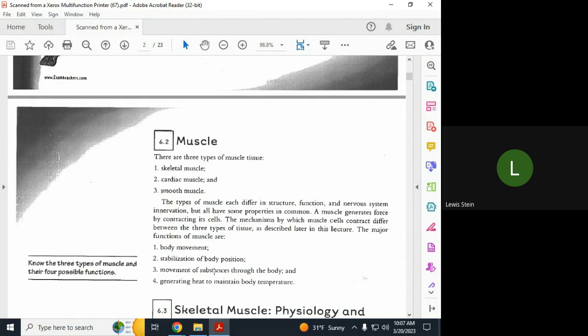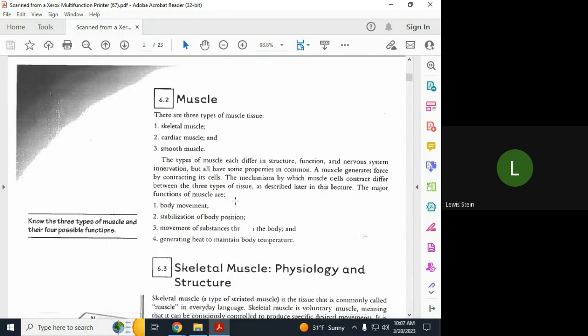Of course, skeletal means by definition striated and voluntary. Involuntary are cardiac and smooth, because we don't consciously control those. By definition, we consider cardiac to be striated because we can see the striations microscopically, and smooth is smooth because we can't see the striations. That's the way it's described.